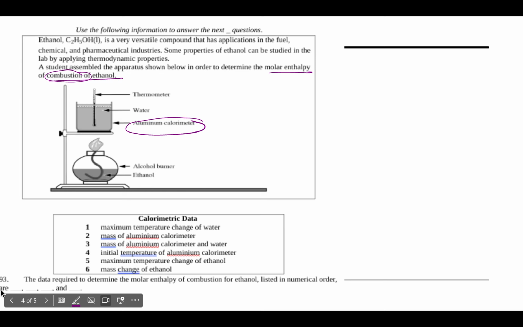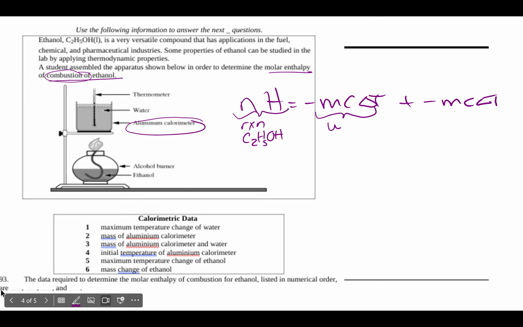So we have the formula nH equals negative mc delta T plus negative mc delta T. So again, this part here is about the reaction. In this case, it would be the reaction of ethanol, C2H5OH. This first part will be water, and the last part of our equation will be about the container.